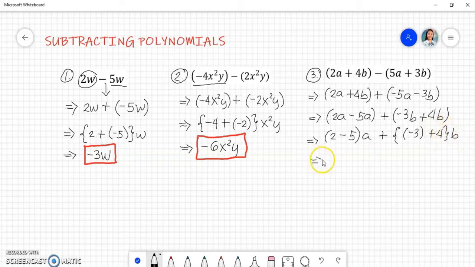Then simplify. 2 minus 5 is, yes, negative 3a, plus negative 3 plus 4 is 1, and you may not write anymore 1 and just write b, because it's already understood that there is an imaginary 1 beside b here. And that's it. That is now your final answer.